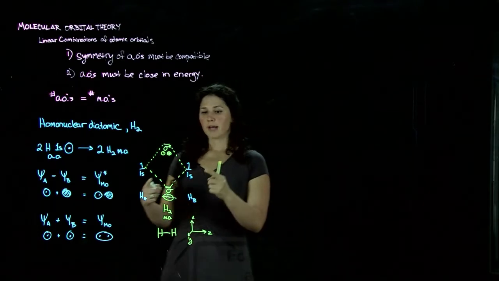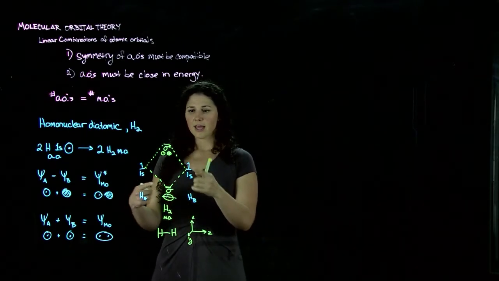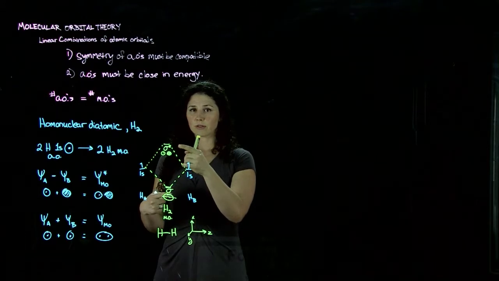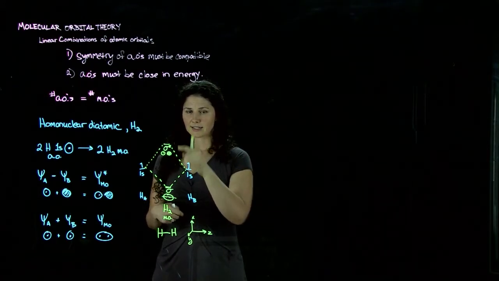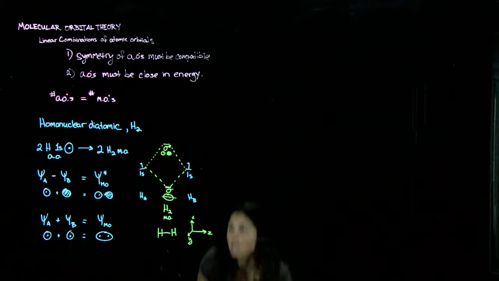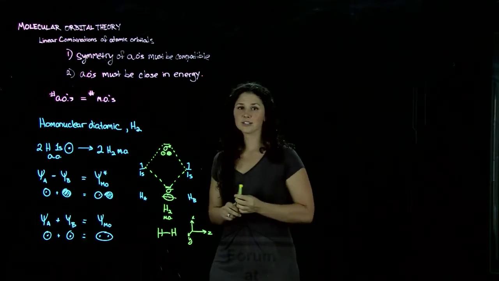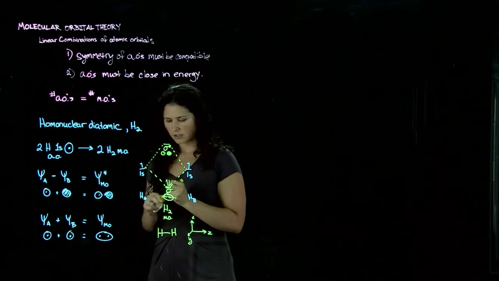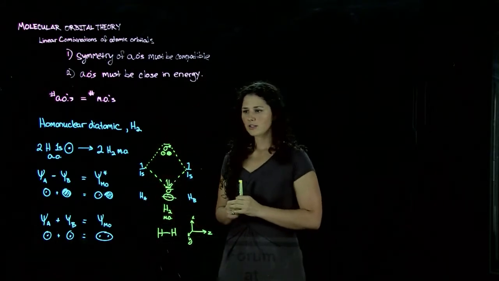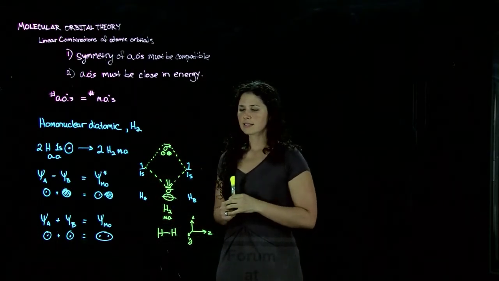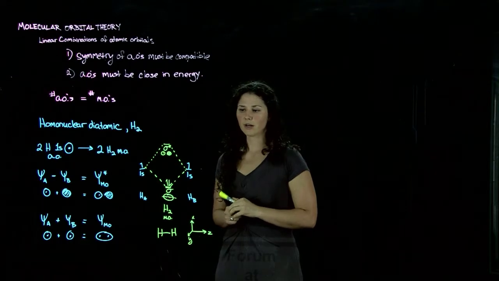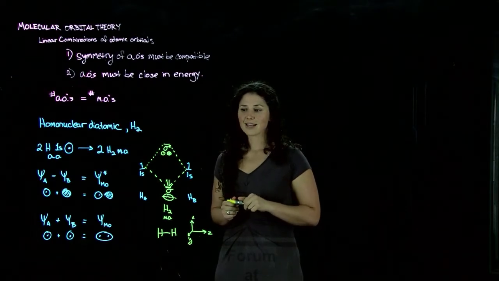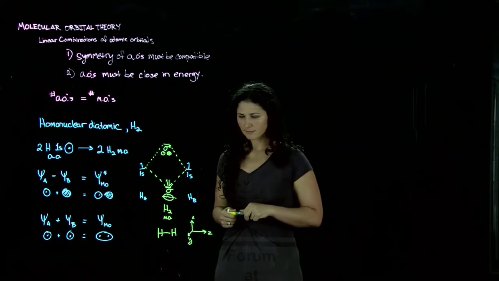So we combined two 1s orbitals, and we got two sigma orbitals. One is bonding, and one is antibonding. And then the last thing to do is to fill in the electrons, and you always fill in the lower energy orbitals first. And so in this case, we can see that the two electrons go to the bonding orbital, and this has a bond order of 1.